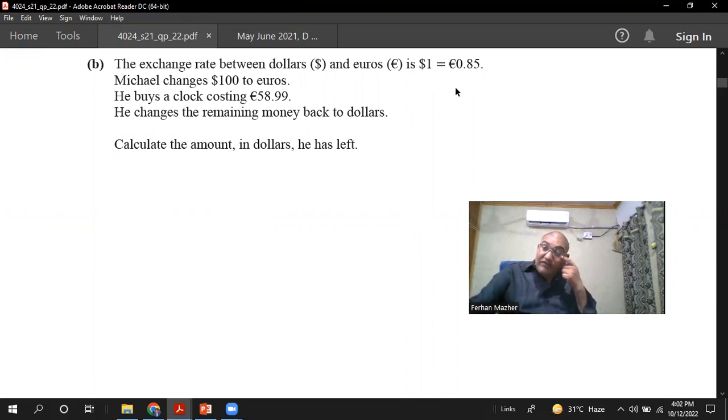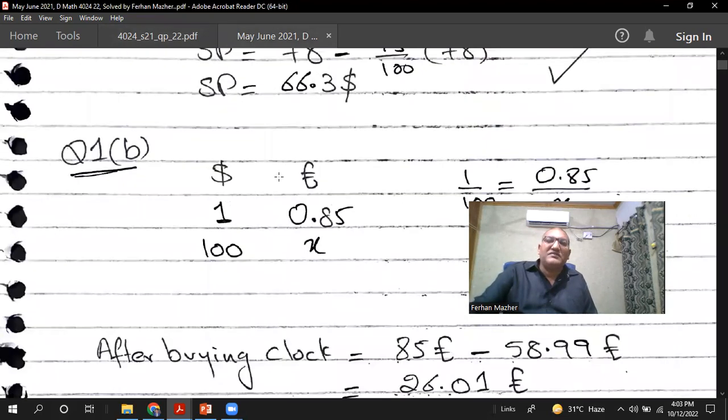So we know the exchange rate, and we know he had $100, so he changed it into euros and then bought this clock of 58.99. We will calculate how much money is remaining, and then convert it back.